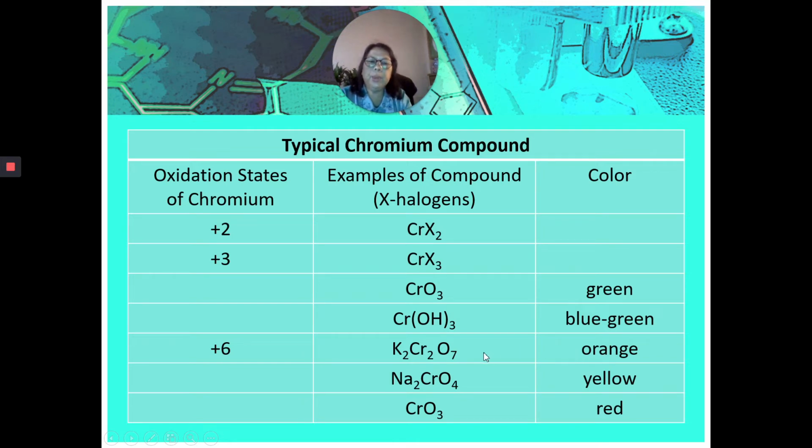It adapts the color of potassium, which is usually light yellow to orange brown in color. And then if chromium plus 6 is working with the metal sodium, the color is yellow. And chromium plus 6 working alone with oxygen, the color is red.